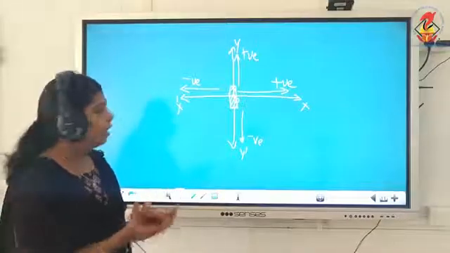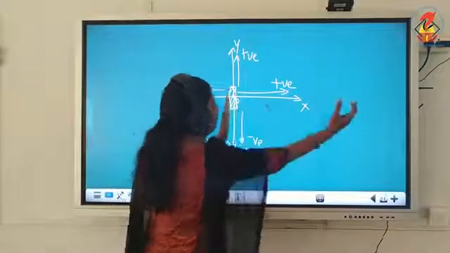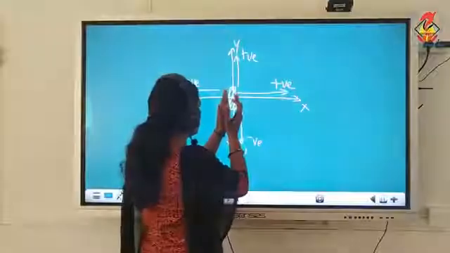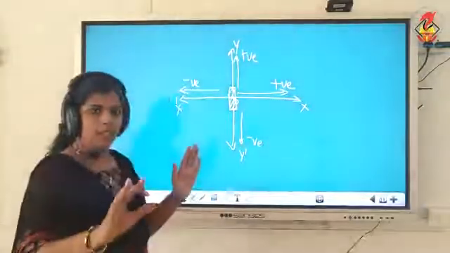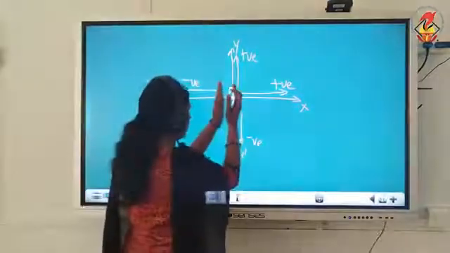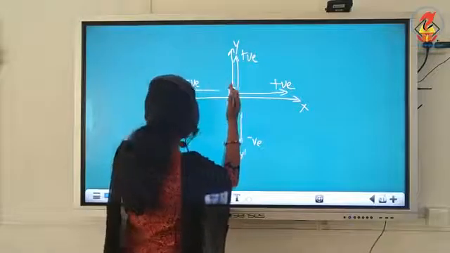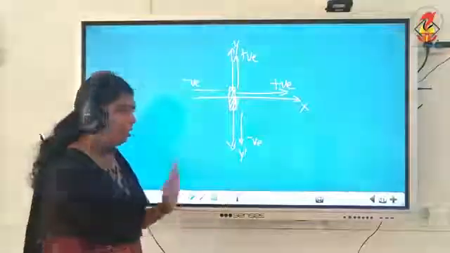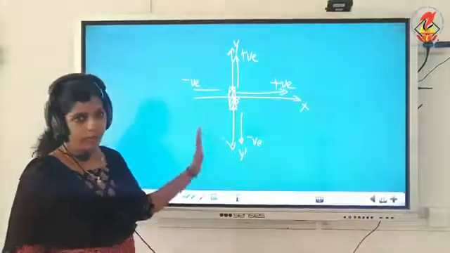Now, from this mirror towards the right, if I am measuring any distance from this mirror towards the right, then it is taken as positive. From this mirror towards the left, that measurement is taken as negative.